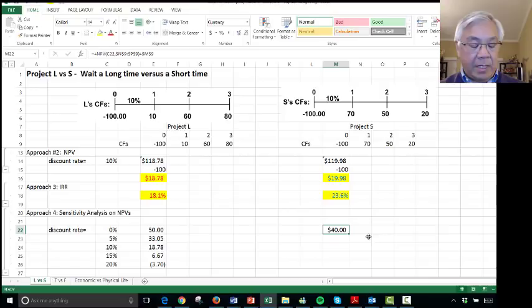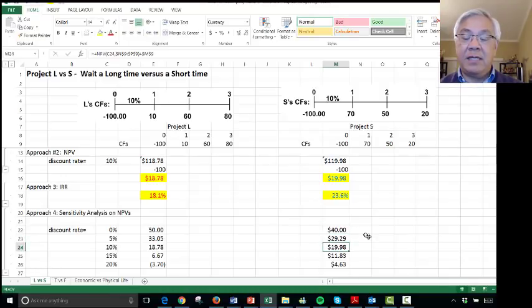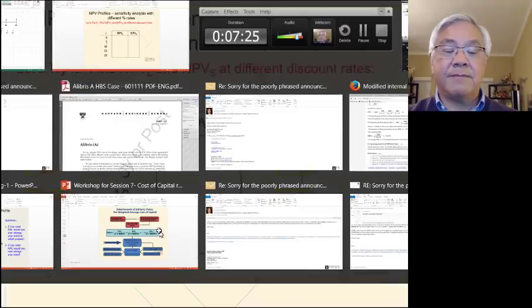Okay, and we can now copy that. And we see that it starts at 40, which again is the number we saw way at the beginning when we did plain old cash. And we also went to 10% and see 19.98. All right, so these are numbers, and what we're going to do next is plot them back in that chart that we saw earlier and see some interesting results.